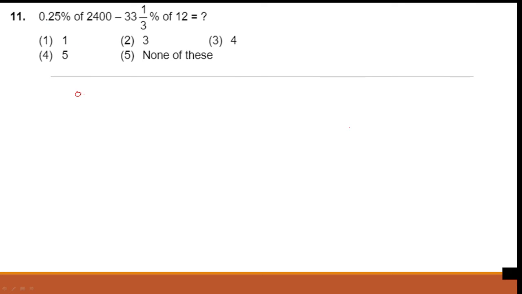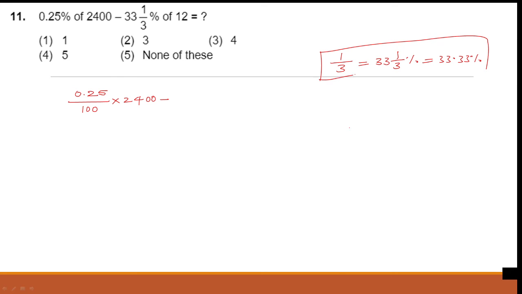I can write it like this, right? 0.25 by 100. Percentage is by 100, into 2400, minus 33.13 percentage. The equivalent fraction is 1 by 3. So this can also be written as 33 1 by 3 percentage or 33.33 percentage also. Yes. Okay, now so this is 1 by 3 of 12, so we can cancel two zeros.